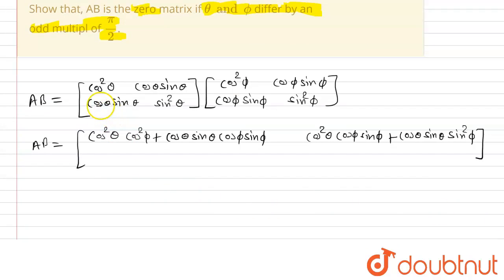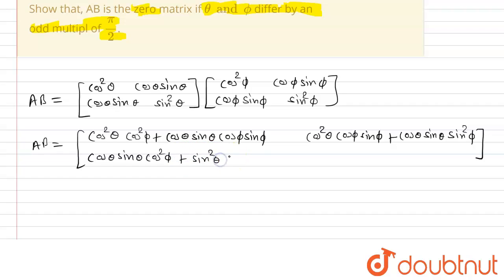Let's find the third element. That will be cos theta sin theta multiplied by cos square phi plus sin square theta multiplied by cos phi sin phi.